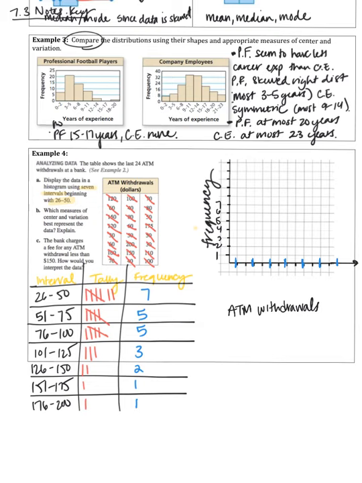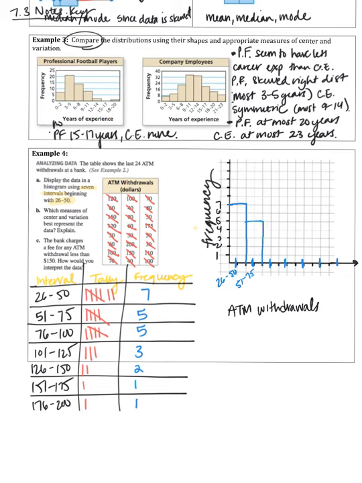So my first column, 26 through 50, I'm going to make sure the label is directly in the center of my bar, has a frequency of 7. My next column is 51 through 75, that has a frequency of 5.